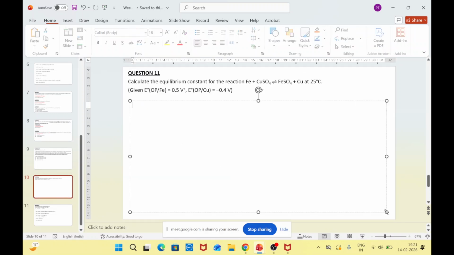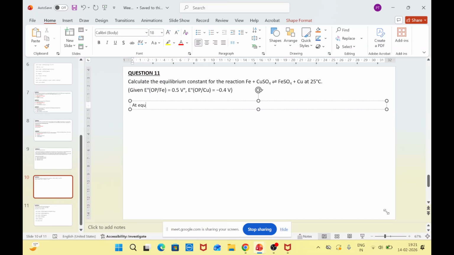So we know that at equilibrium delta G is going to be equal to 0. So delta G is minus nFE. So E will also be equal to 0.